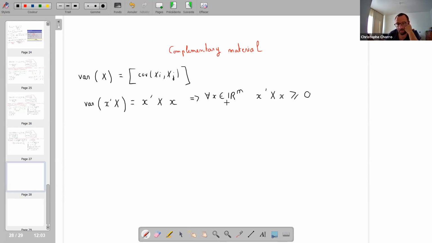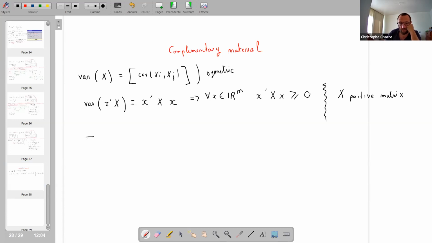It's a strong property because it's true for any x belonging to R to the power n, independently of the sign of the components of small x here. So if you have done a little linear algebra, this means that in fact the matrix Σ is a positive matrix. It's what we call a positive matrix here. Knowing that this matrix is also symmetric, you have a matrix that is symmetric and positive.